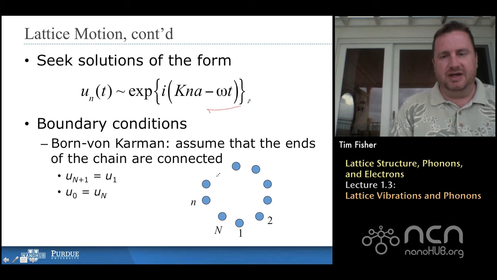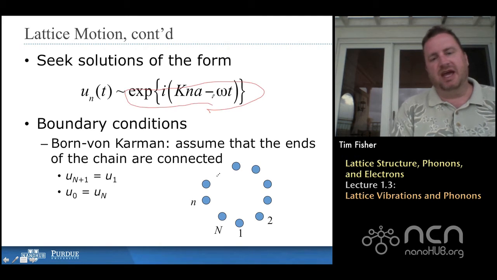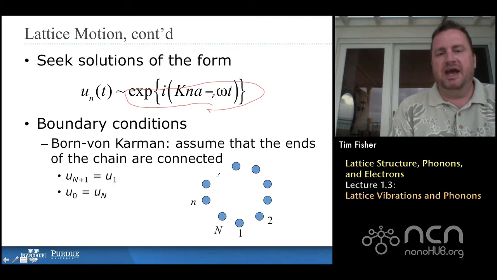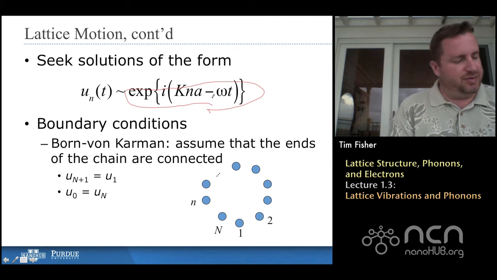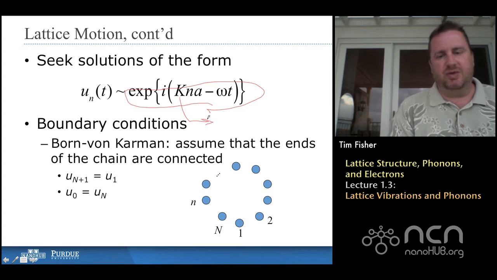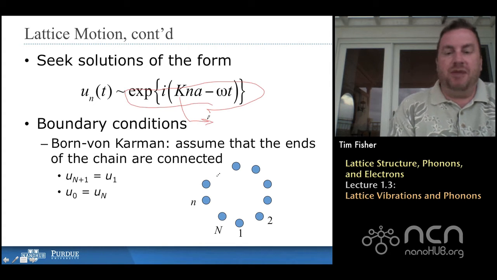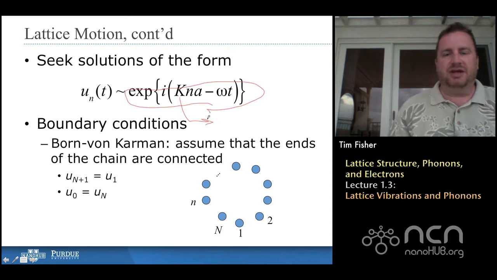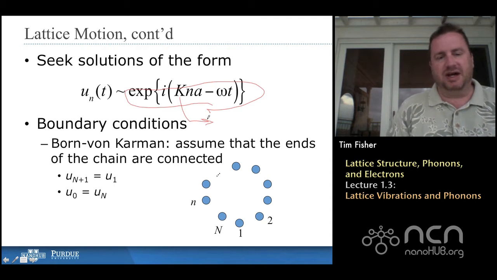This is the standard plane wave solution, e to the i times (k n a minus omega t), where you can think of na as being the x-coordinate, and k is something that's going to be very important to us as we go through this. K, we will find, is what we're going to call the wave vector. And then omega is the frequency. So these atoms will be oscillating, and so omega is a frequency of their oscillation, and t is time.